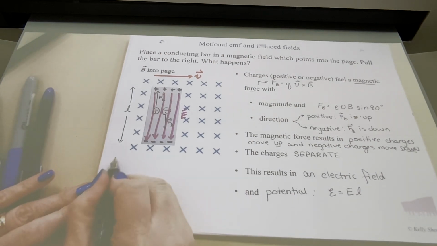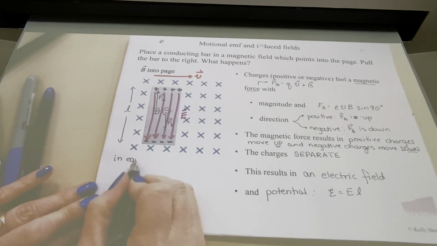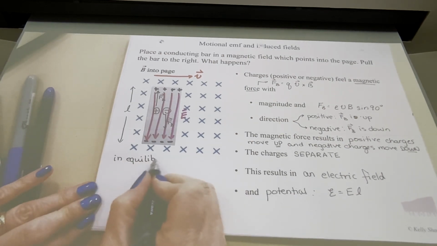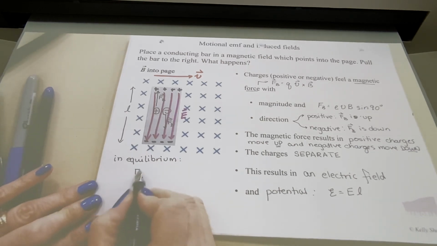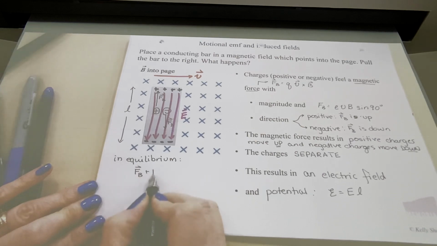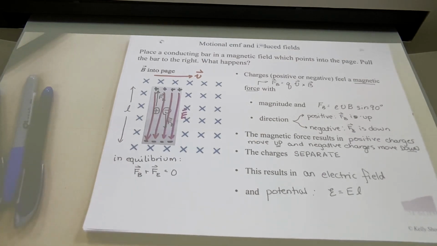So in equilibrium, the magnetic force plus the electric force would sum to 0. So those charges would keep separating until the electric field got strong enough that it matched the magnetic force, and then they would stop moving because the net force on them would be 0.